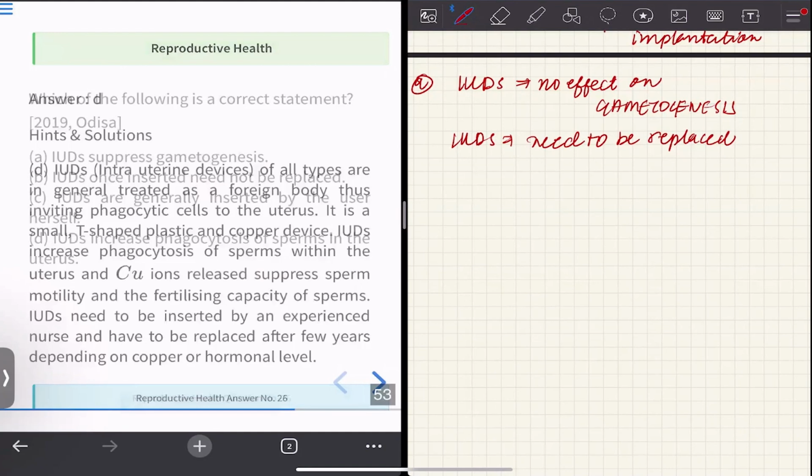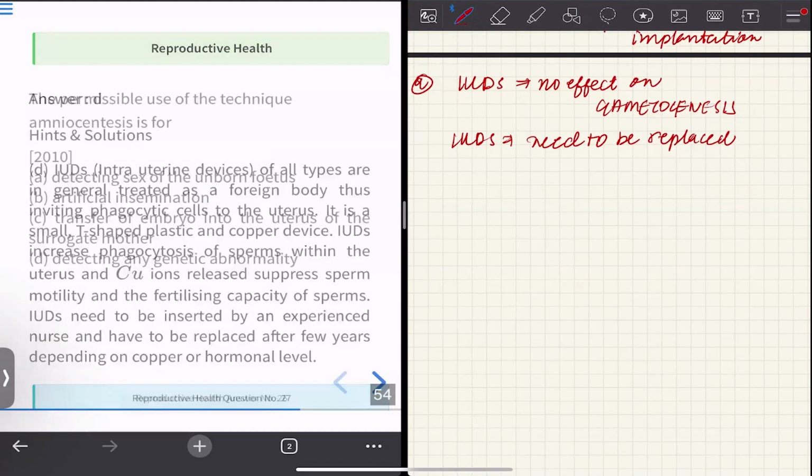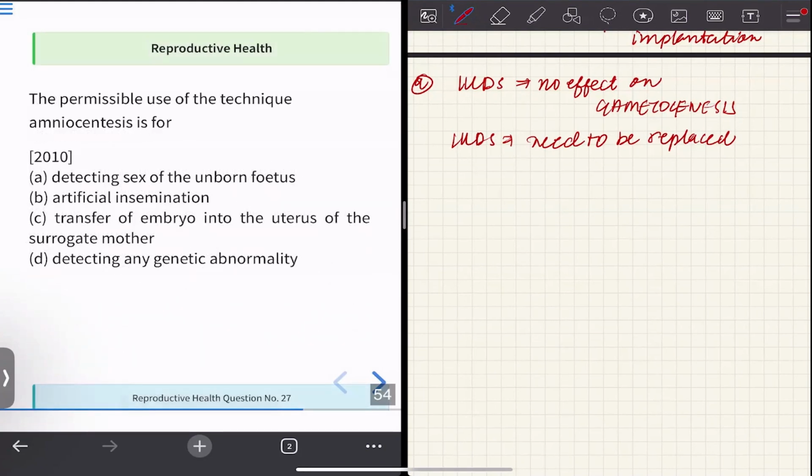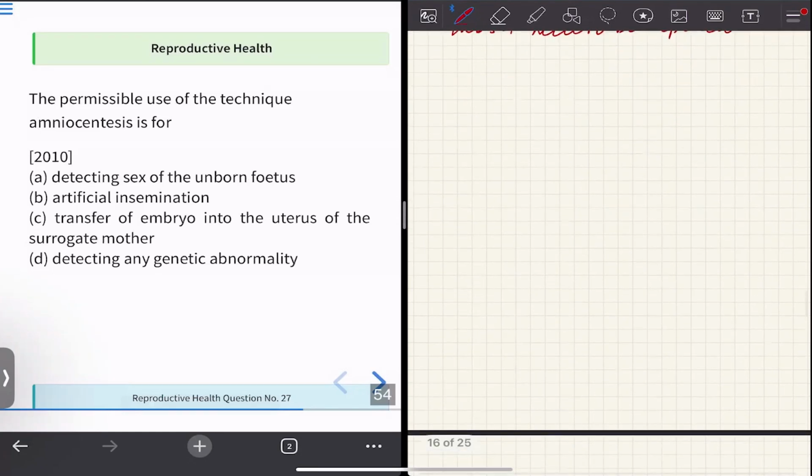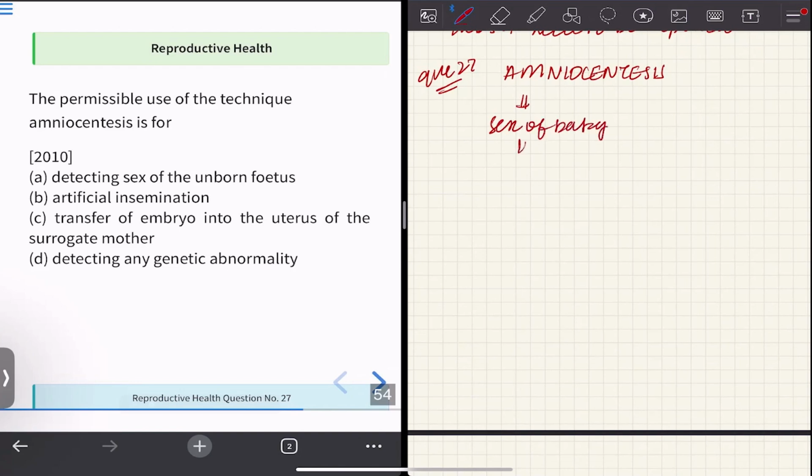Okay. So moving on to the next, we have the permissible use of the technique of amniocentesis. Amniocentesis was used to determine the sex of the baby, after which it was termed illegal. But we can still do amniocentesis in what cases?